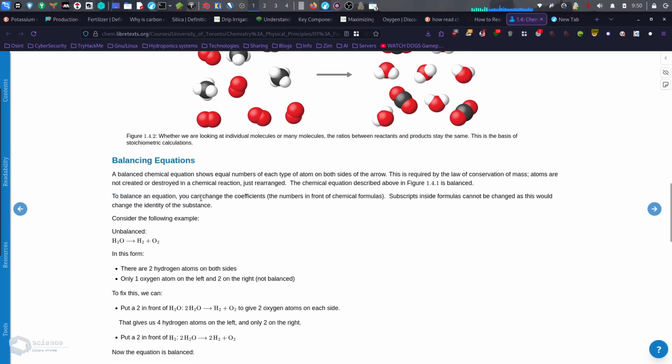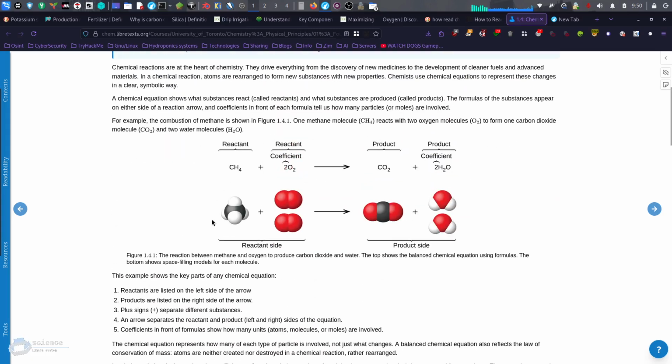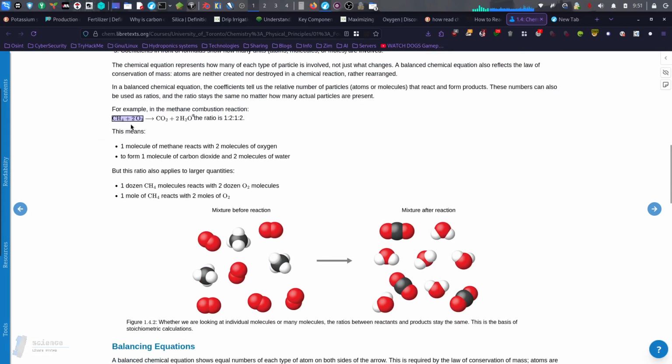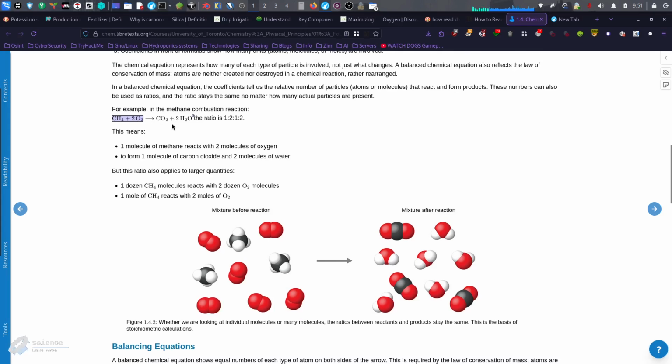Okay, balancing equations. A balanced chemical equation shows equal numbers of each type of atom. This equation is like a mathematical operation, plus and equal to this.